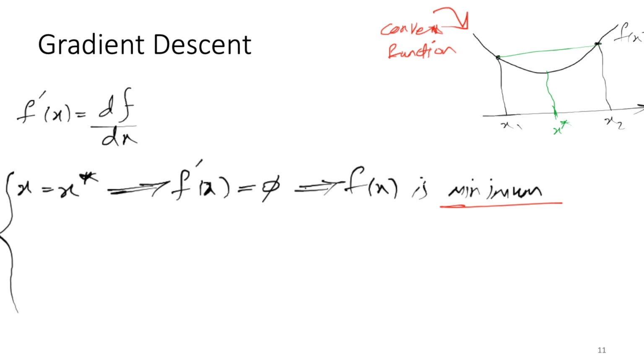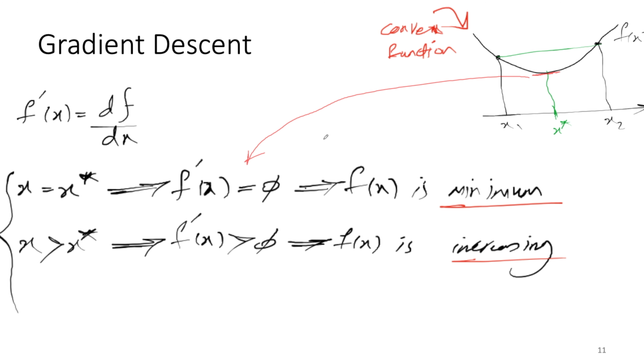So if that is the case, the result of this would be equal to 0. It shows that at this point we have 0 slope. Thus it shows that f of x at the point x equal to x star was the minimum.